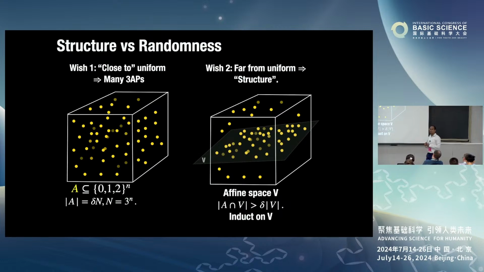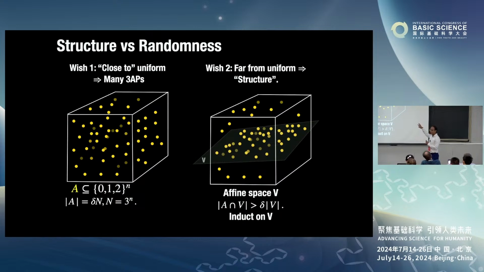Turns out to be that of finding a subspace or affine space where A has higher density than what I started out with, right? So if I'm not uniform, there is an affine space where, relatively speaking, A has more elements than what I started out with.